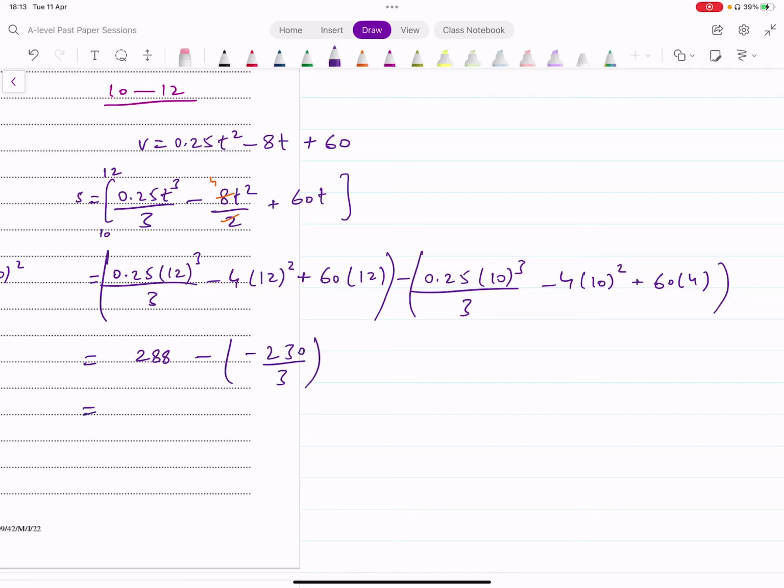Okay, so what does this give us? 288 minus this. Okay, I think I'm doing some error somewhere. 288 minus this. This is fine.